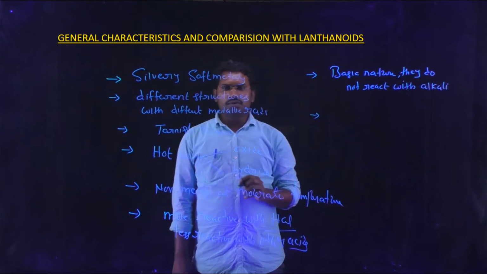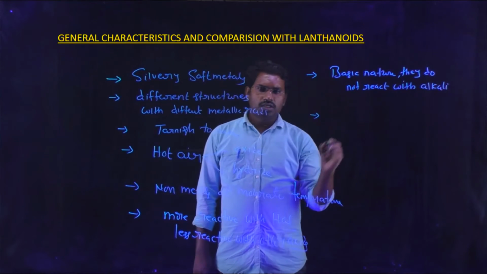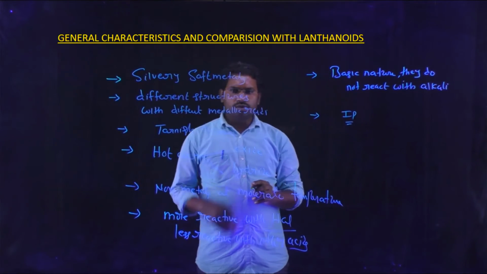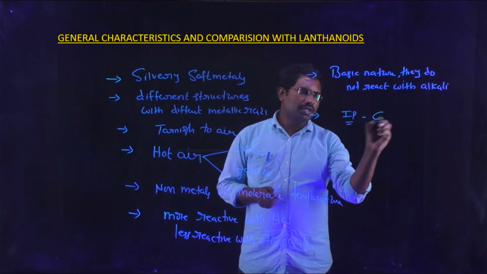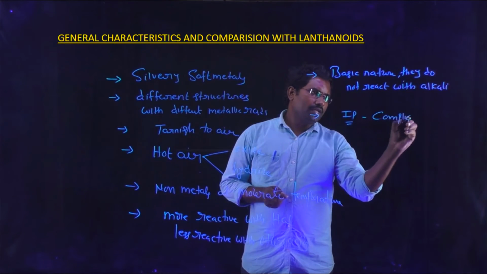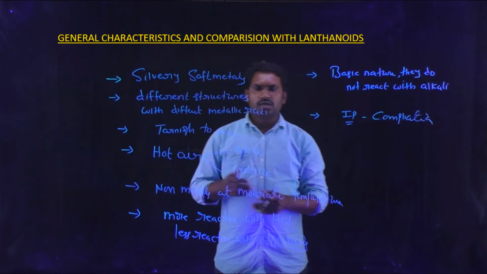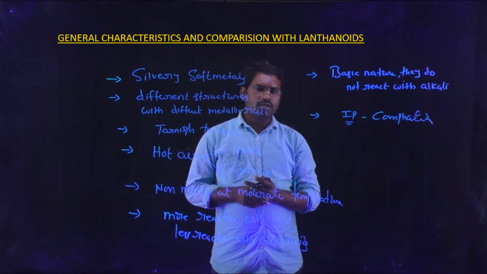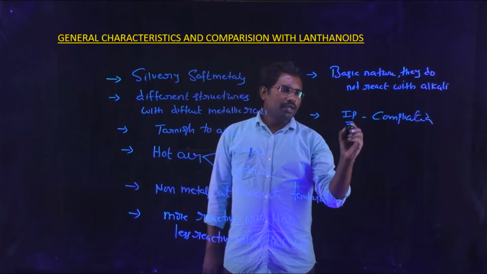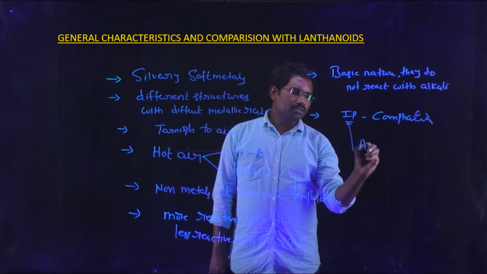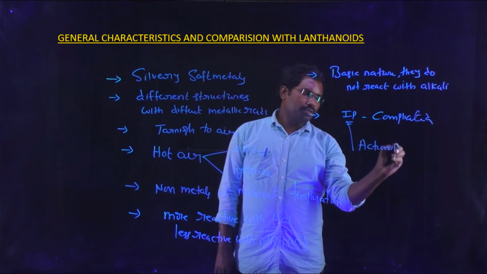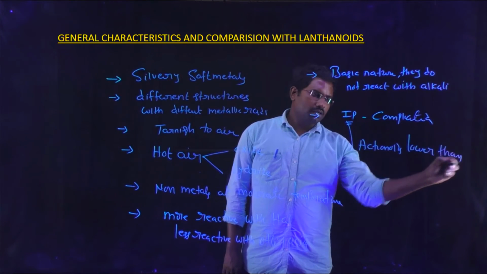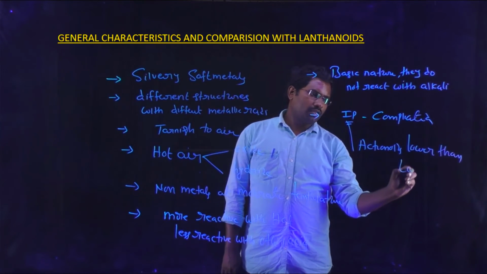The major issue with these properties of actinoids is their ionization potential values, IP values. The ionization potential of actinoids is very complicated. We cannot predict it exactly, but from some reactions of lanthanoids, scientists observed that the ionization potential values of actinoids are lower compared with lanthanoids.